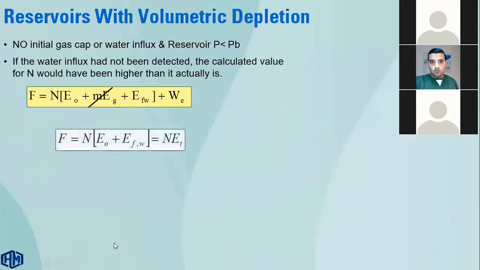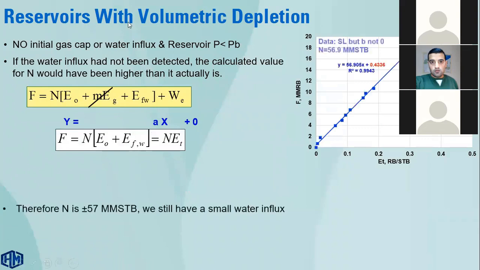We have a field example for a reservoir with volumetric depletion. We have production data versus time, and for this reservoir we use the equation F equals N times E sub T. By plotting these two terms together, the slope of the line will be N and the intercept will be 0.